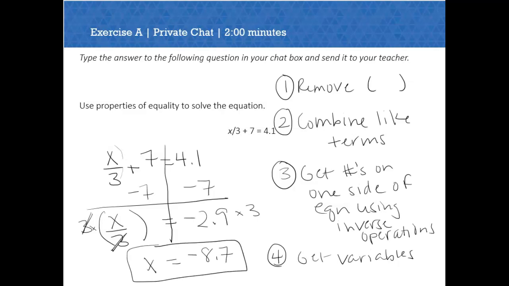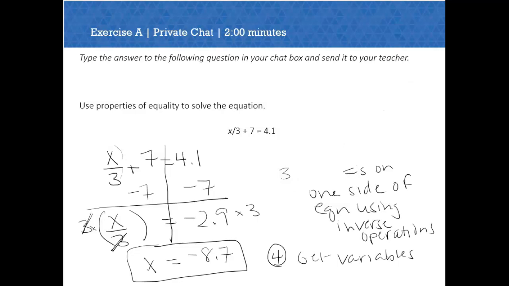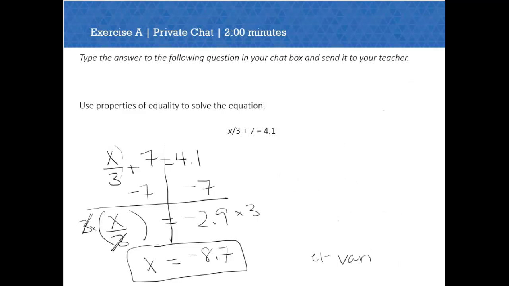Now this is important to do the check, because if you're in the practice of doing the check, then you can make sure that you have done the order correctly. For the check, we take negative 8.7 and plug it in where we see an x. So we have negative 8.7 divided by 3 plus 7, and hopefully we get 4.1.